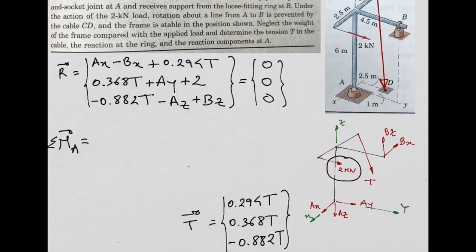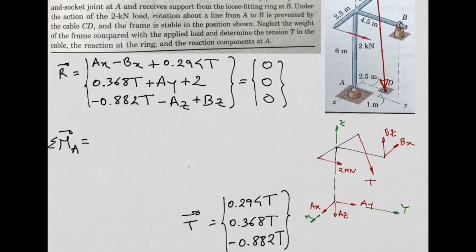We are calculating the moments about point A, so the origin of the position vector needs to be located at point A. Alright? So, for this force, the position vector that I need is this one here.